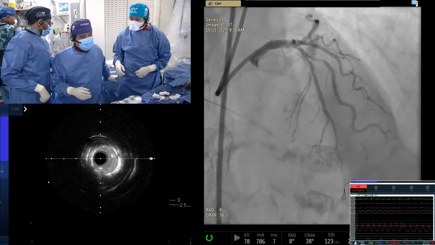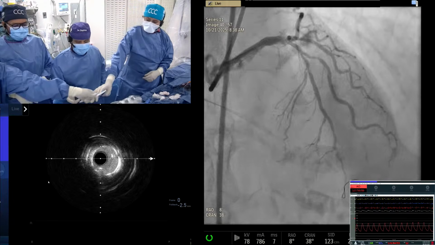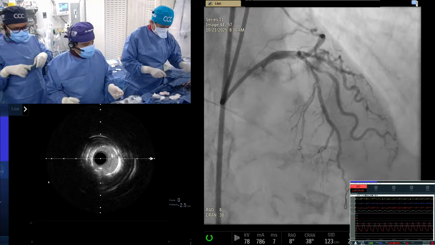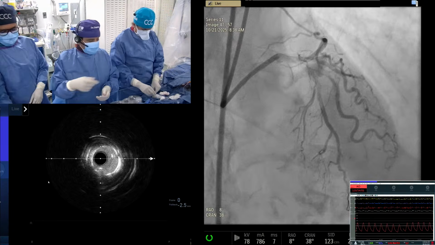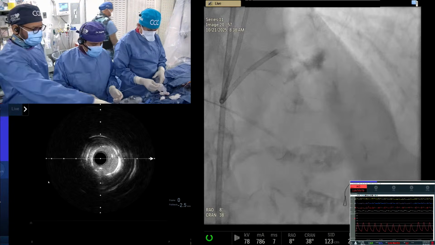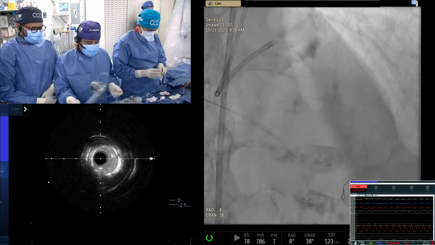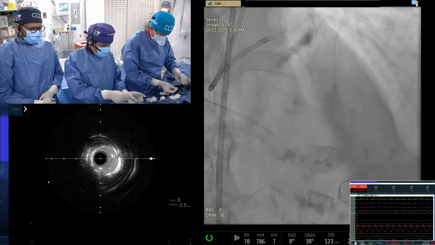Our rotational atherectomy is 24%. Most of the 10% IVL we presented in our paper, rota versus rota plus IVL, almost 70 to 80% of our IVL is after atherectomy, not standalone.